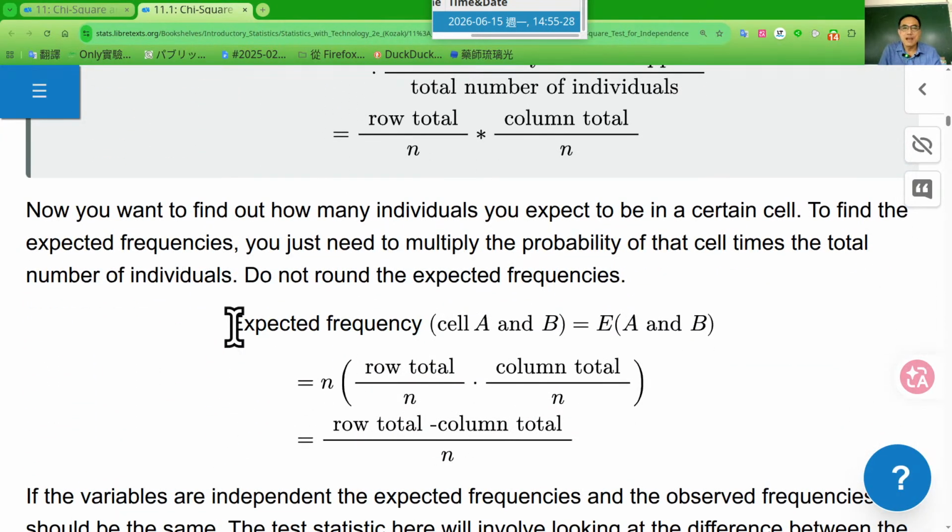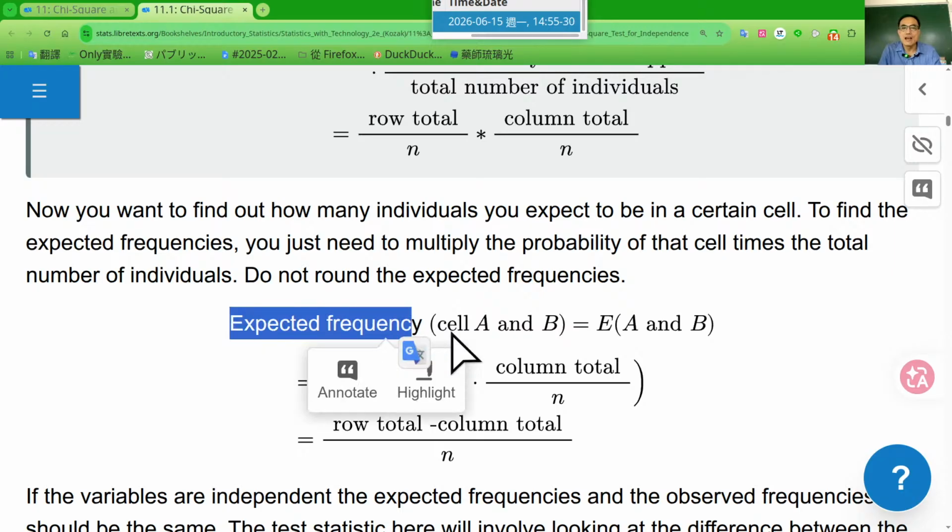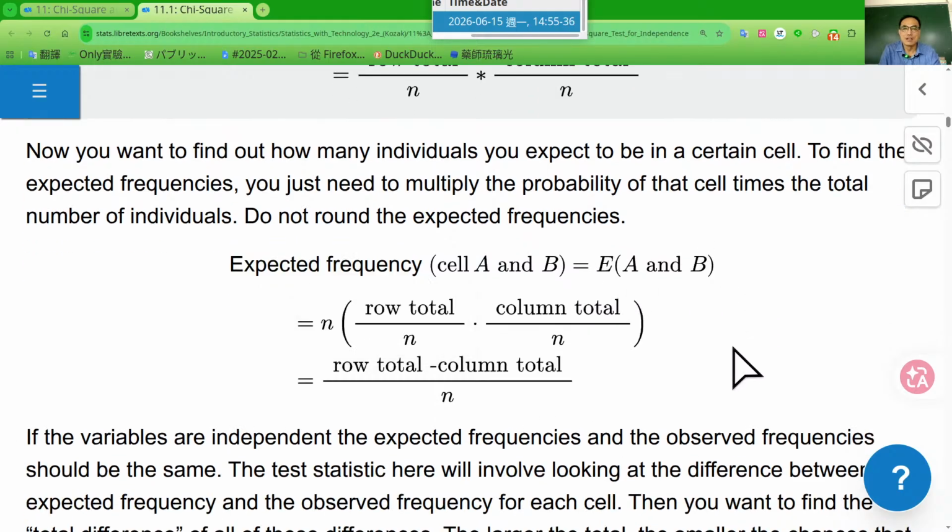The expected frequency for cell A and cell B, E(A,B), equals the row total times the column total divided by N, like this one.